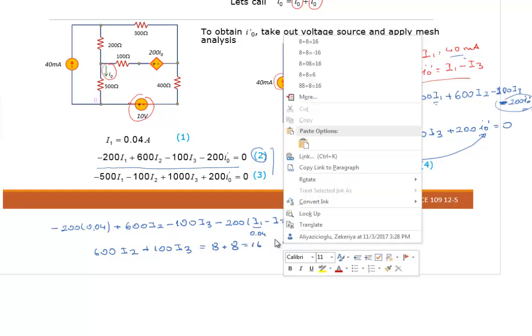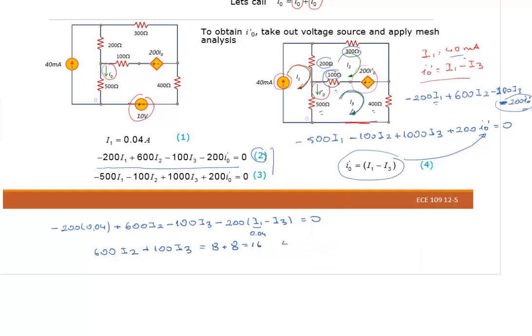This is our next equation. I will call this one equation 4 or 5. Okay, so we're going to use this one here. We're going to rewrite this one again, a new one.